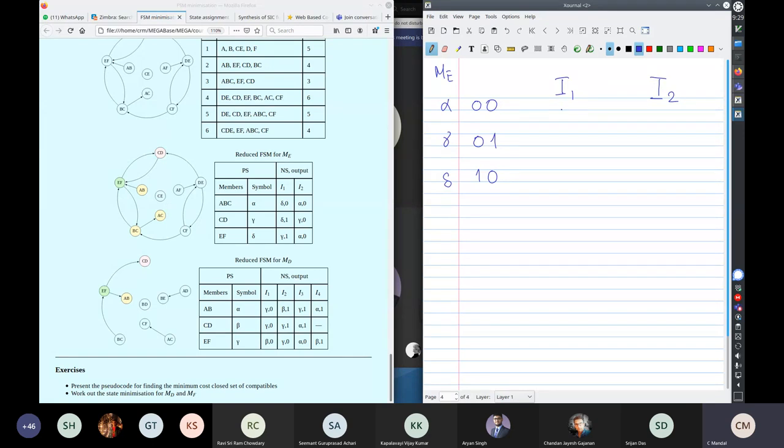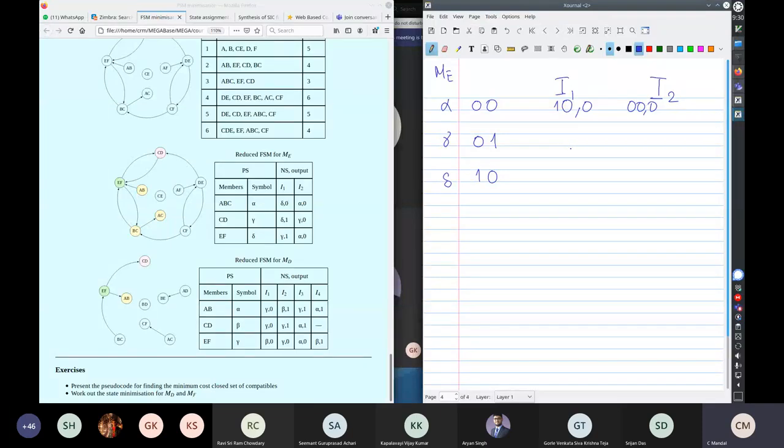Let us do it with 1, 0 first. This is 0, and this is alpha, so this is 0, 0, and the output is 0.